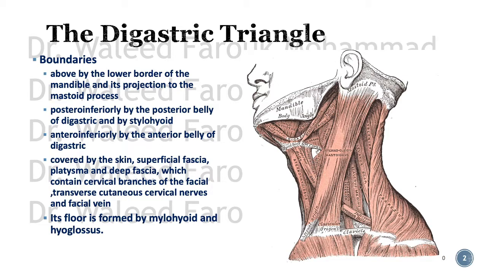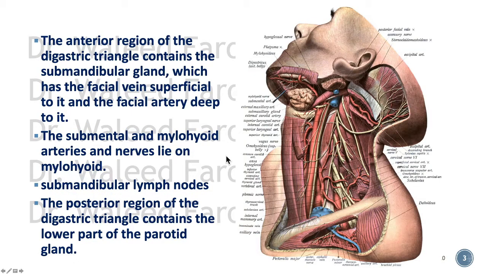And the floor is formed by the mylohyoid muscle and posteriorly by the hyoglossus muscle. Keep in mind that the mylohyoid covers the anterior part of the hyoglossus muscle. This is the floor of the triangle.